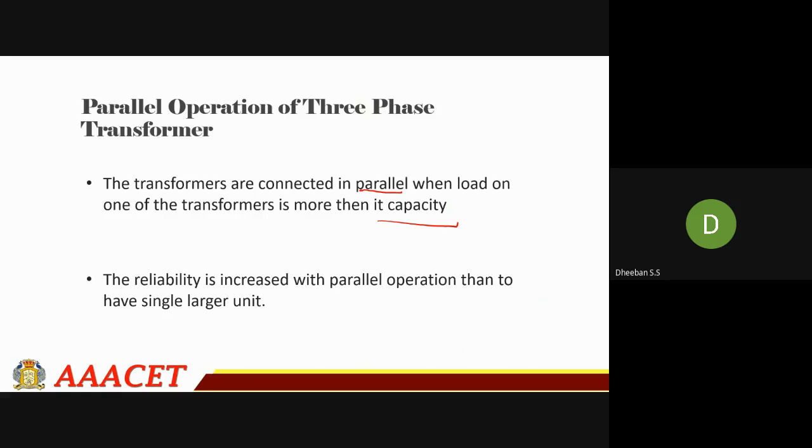At that time, if you operate your transformers in a parallel configuration, some amount of power will be transferred to the other, and the heavy loading will be minimized. So there is a possibility of that.